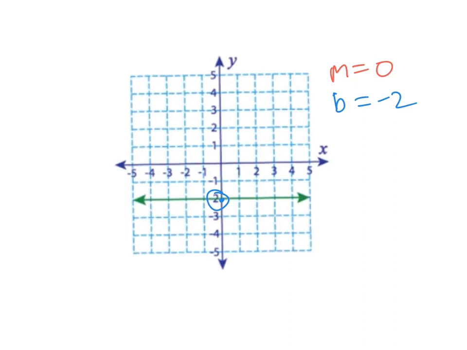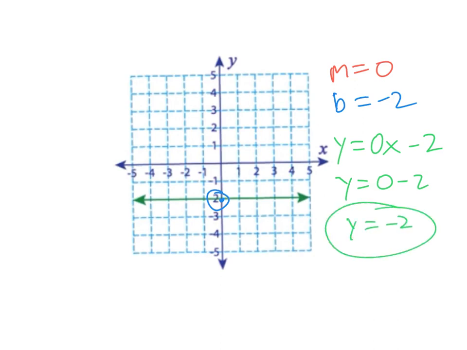Okay, and we can actually use our formula for this one. So we would end up with y equals 0x minus 2. But 0x just goes away. 0 times anything is 0. And then 0 minus 2 is just going to be negative 2. So y equals negative 2 is our equation for that line.